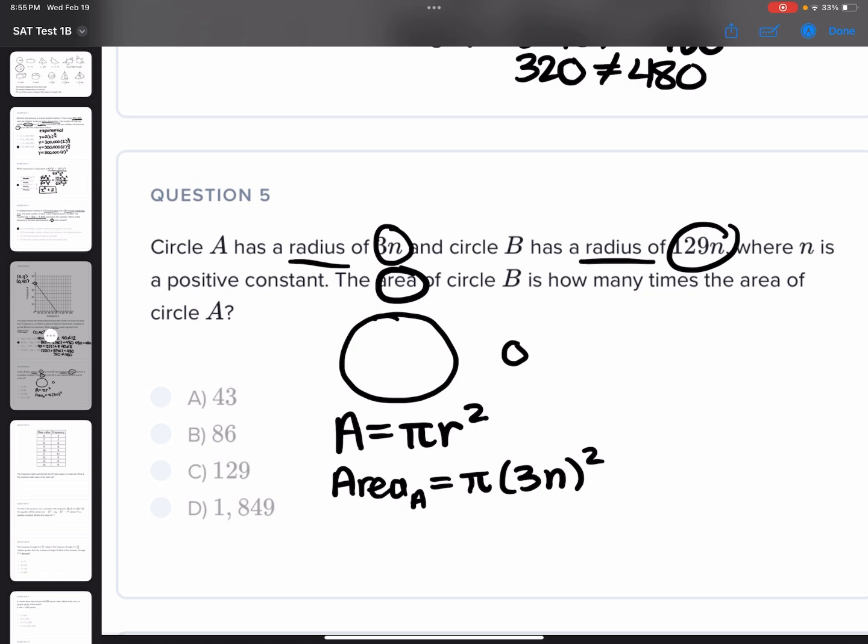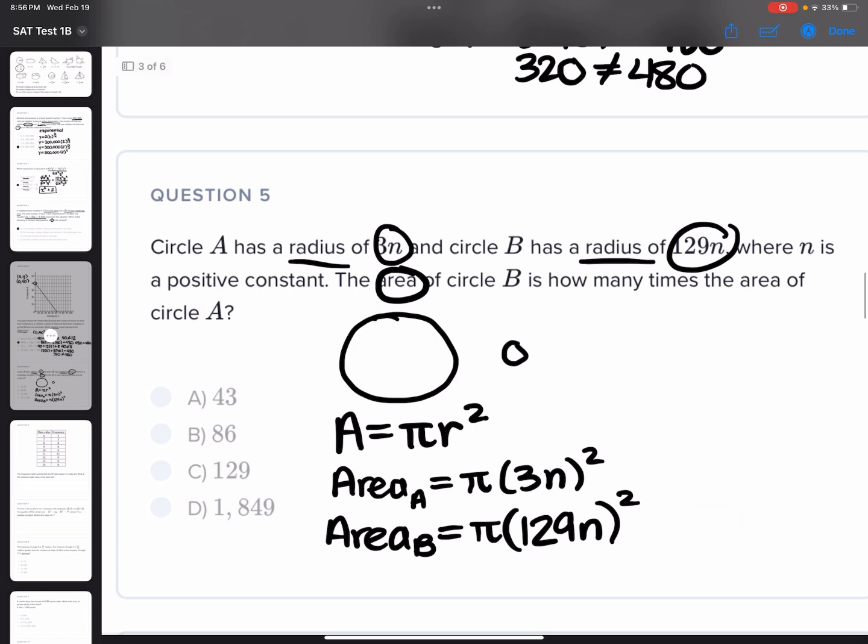Cool. I'm not going to completely solve for this or expand it yet, because I just want to show the other area, which is area B equals pi times 129n, because that is the radius of circle B, squared.